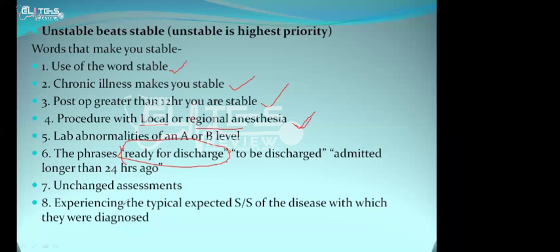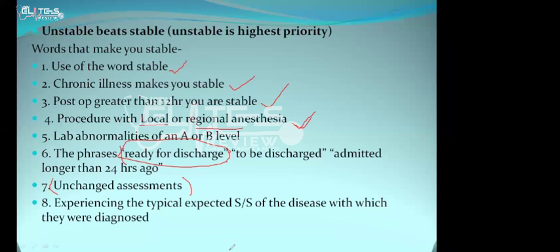The 7 points here, unchanged assessment. What the unchanged assessment here means is that, let's say a patient came in with respiratory distress, and the patient has still been having this respiratory distress. It has been the same throughout. That's what we mean by unchanged assessment. It means nothing has happened critically.